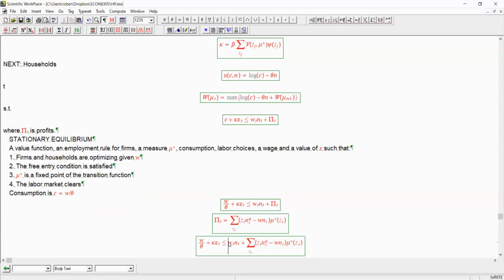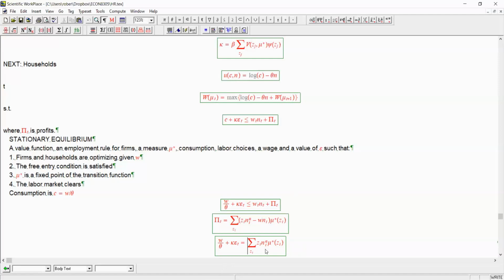And what that means is that this is the total wage bill that households earn, and the sum over all ZIs weighted by the measure of the wage bill of each firm is going to be total labor demand in dollar terms. And so these two things will cancel out in equilibrium. Finally, because of local unsatiation, we know this has to be equal. No resources will be wasted. And so we now have a simpler equation.